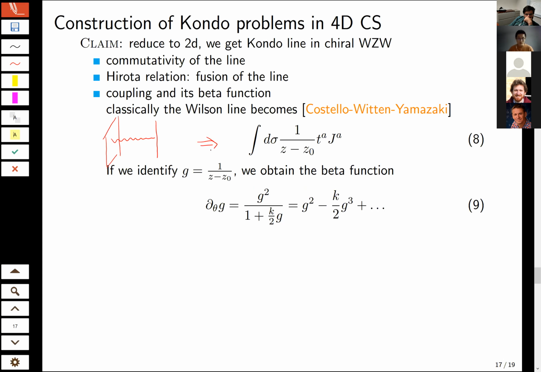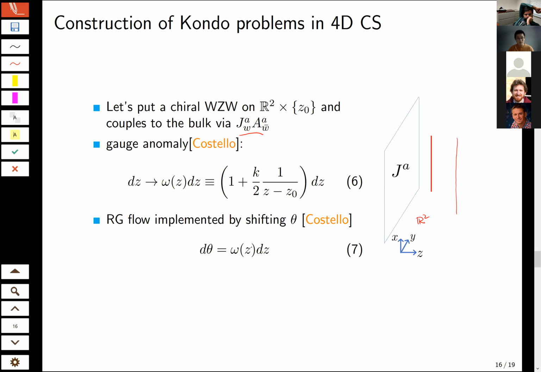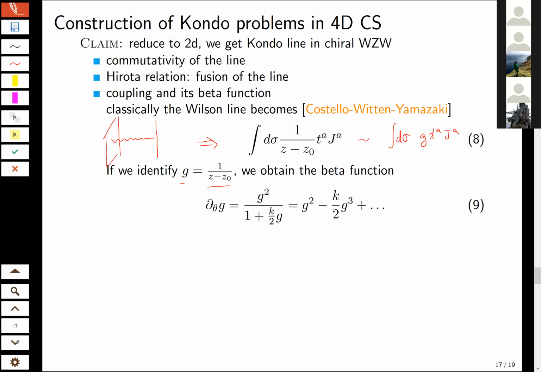So now it's very natural to identify the coupling with 1 over the distance, because recall that the Kondo defect is defined by this. Once we make this identification, along with the previous result here, we know the relation between the coupling g and the scale, and that will give us the beta function.